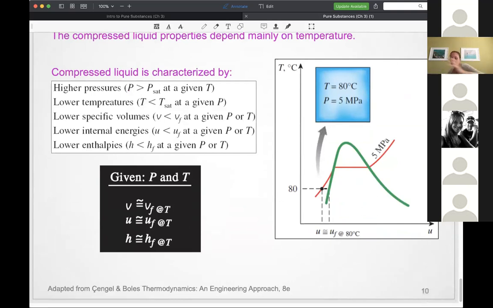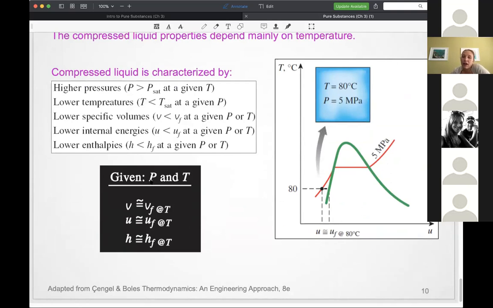So similar to superheated vapor, compressed liquid is where we get away from this saturated liquid-vapor region. We get at colder temperatures, or at way higher pressures.